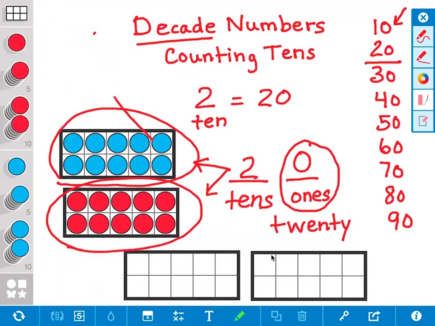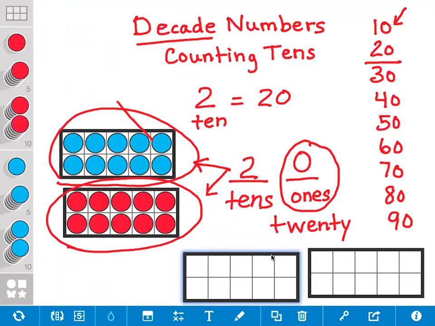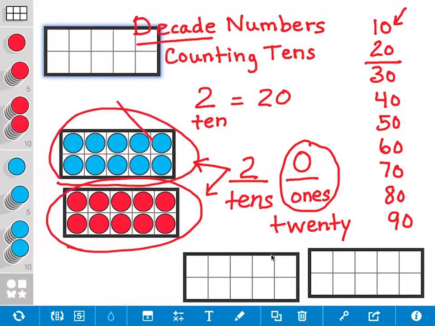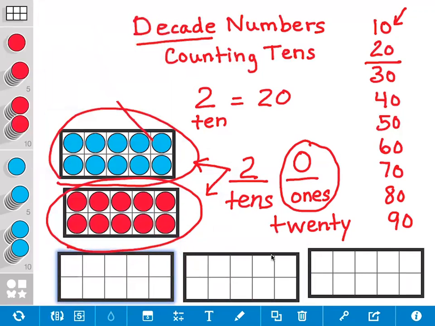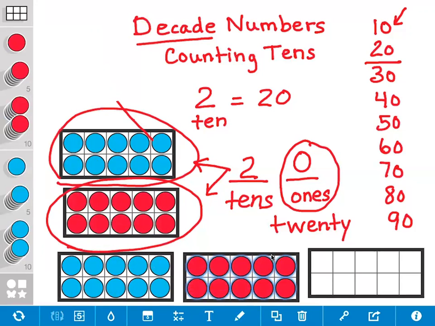So when you're looking at decade numbers, we've already done 20. So this looks like it could be a group of 10. So I'm going to move that over and move that over. And I'm going to do another one. And I'm going to put 10. And I'm going to put 10. And I'm going to put 10.